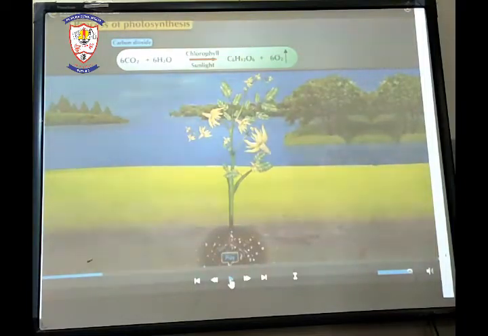When 6 molecules of carbon dioxide combine with 6 molecules of water in the presence of sunlight and chlorophyll, 1 molecule of glucose is generated with the molecules of oxygen.